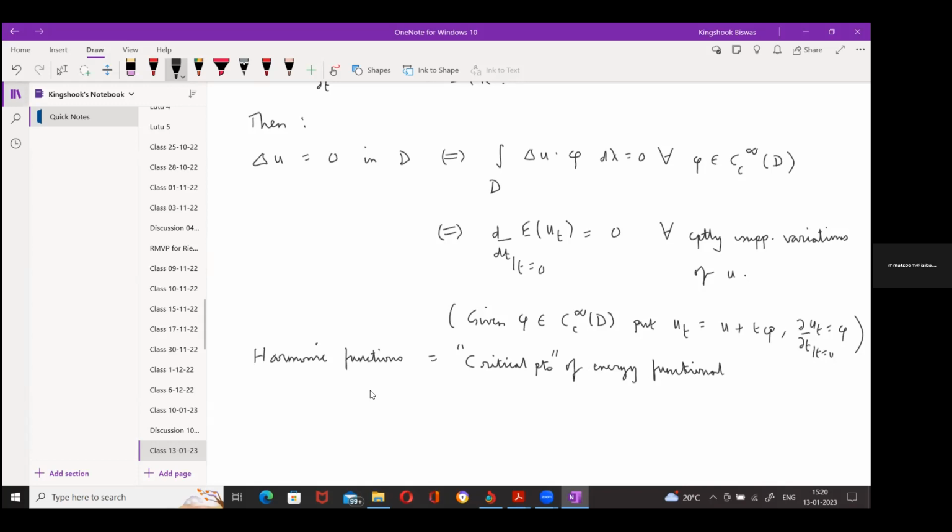All right. So now let's come back to the heat equation. Suppose u(x,t) is a solution of the heat equation with the given fixed boundary conditions.